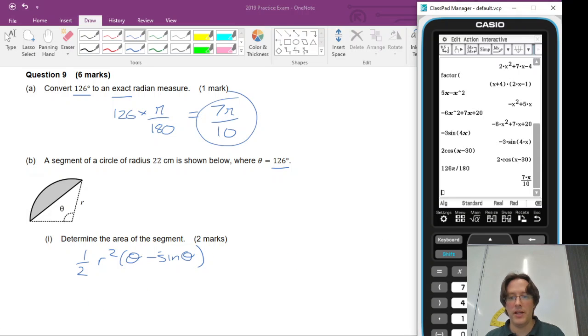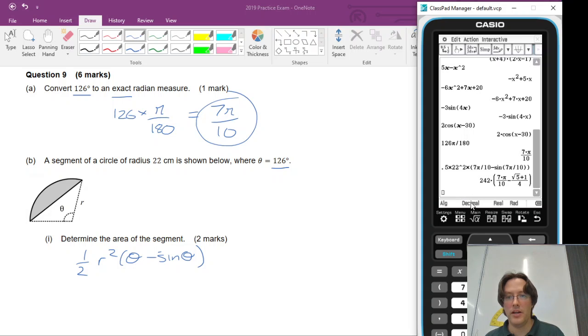So I'm going to do 0.5 times the radius, 22, squared, times theta, which is 7 pi divided by 10, minus sine, Shift 1 is our default for sine, of 7 pi divided by 10. Make sure I've got the correct number of brackets in there.